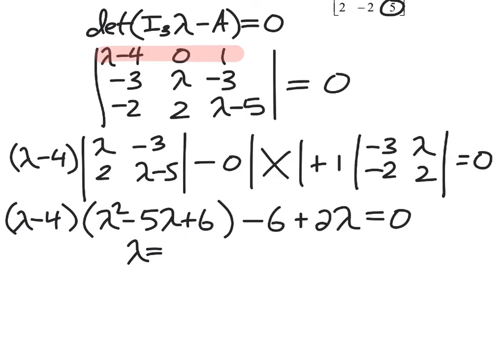I'll type in x instead of lambda: x minus 4 times x squared minus 5x plus 6, minus 6 plus 2x, and make the other side 0. That's assuming I want to use the solver. I could use the solver, or I could use the graph.